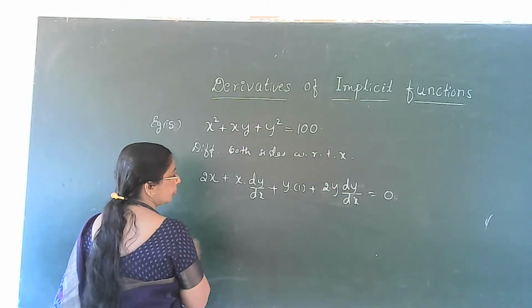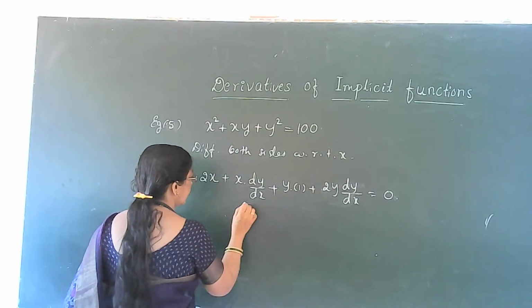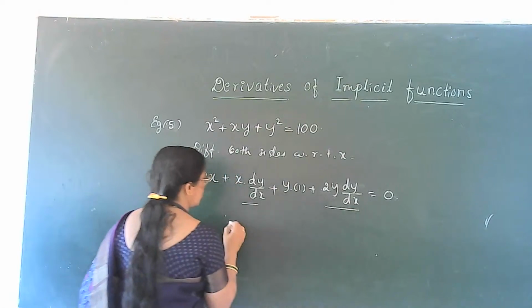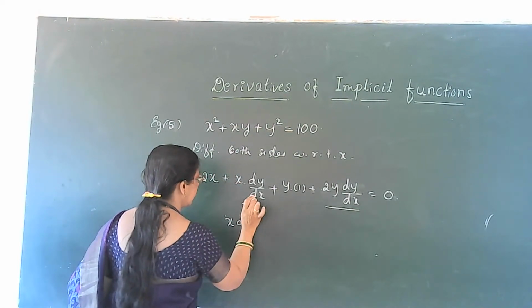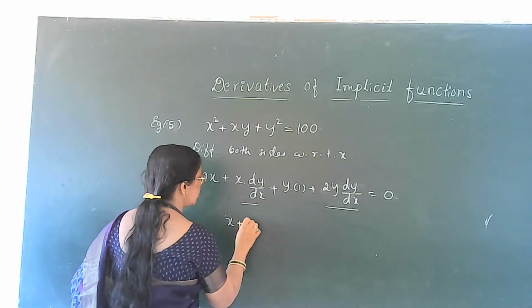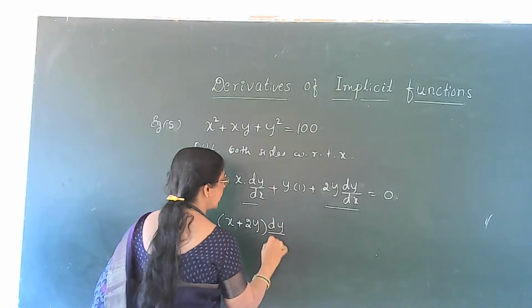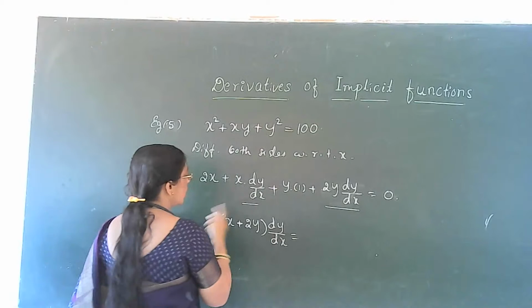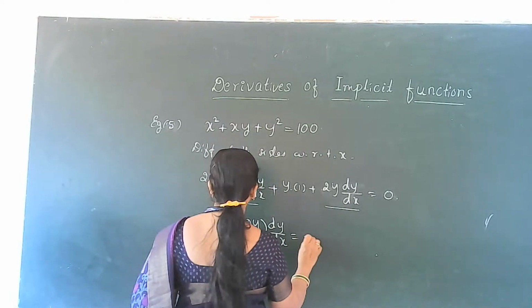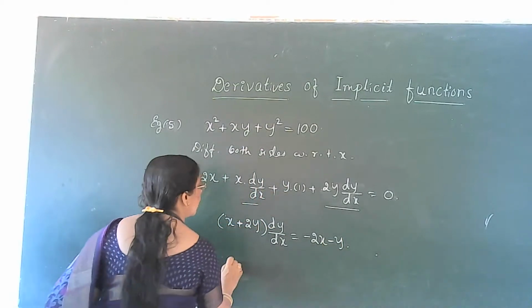Then here also we take dy by dx terms inside: x into dy by dx plus 2y into dy by dx is equal to taking other terms to the RHS side, minus 2x minus y.